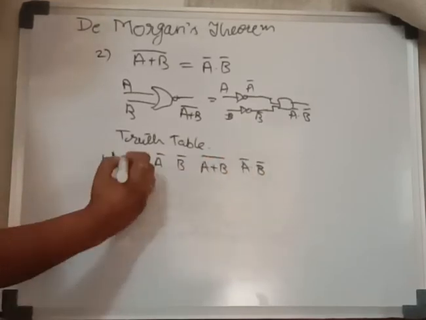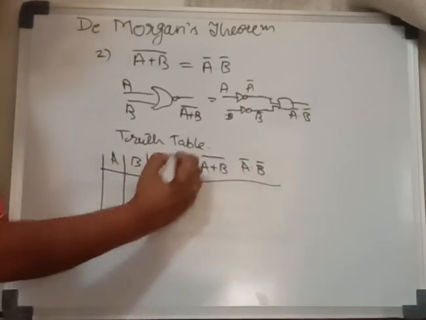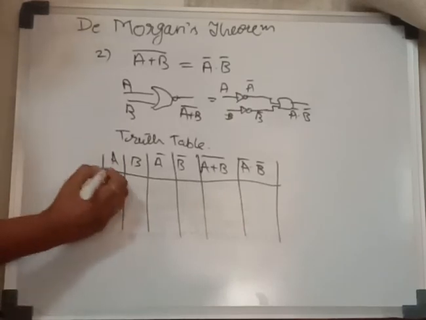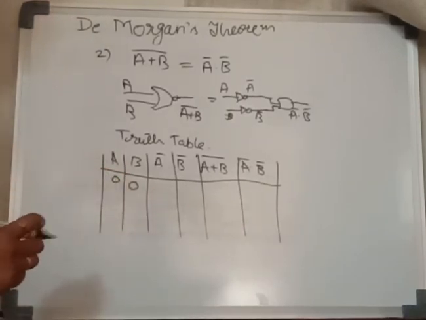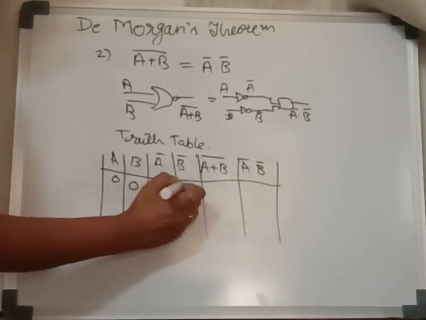Okay, so let us start. So suppose initially we will take both the input as 0. A is 0, B is 0. Negation of A and B will be 1, 1.